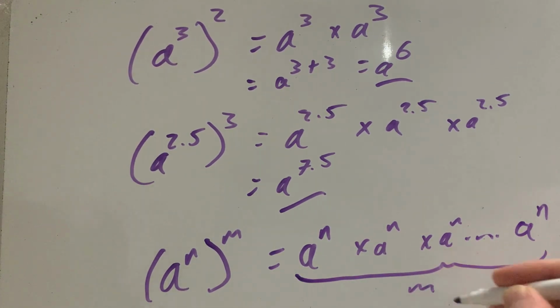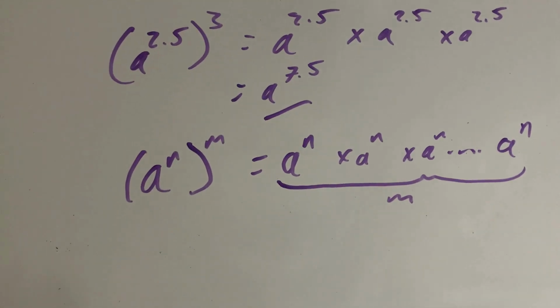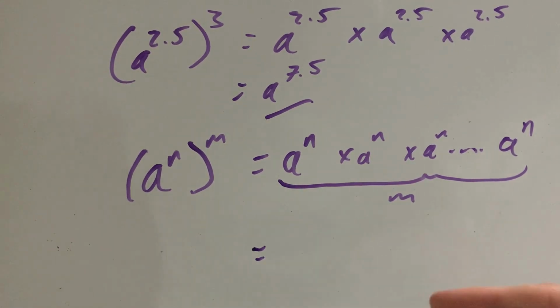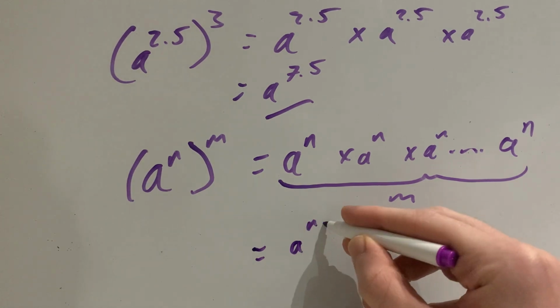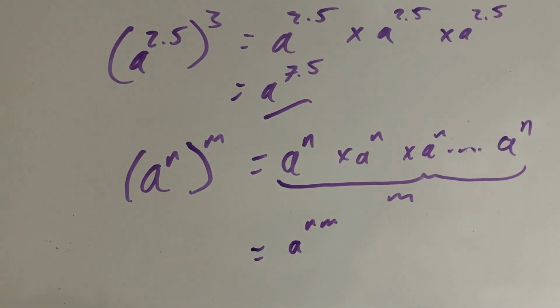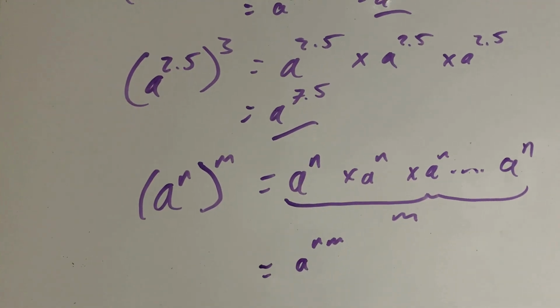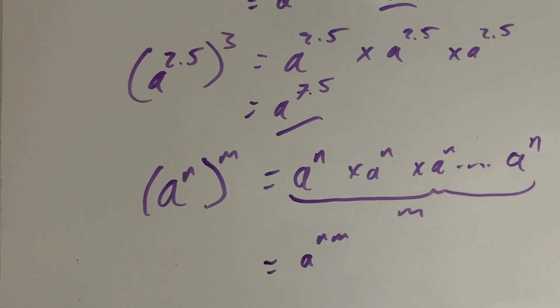So there's m lots of these. And so from what we just looked at, if we did n plus n plus n plus n, m times, it's going to give us nm. And so that's where this is coming from. Don't just memorize the rule, a to the n to the m equals a to the nm. Think about where it's come from.